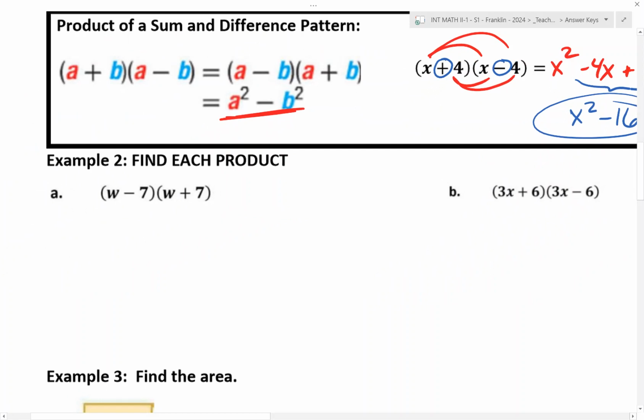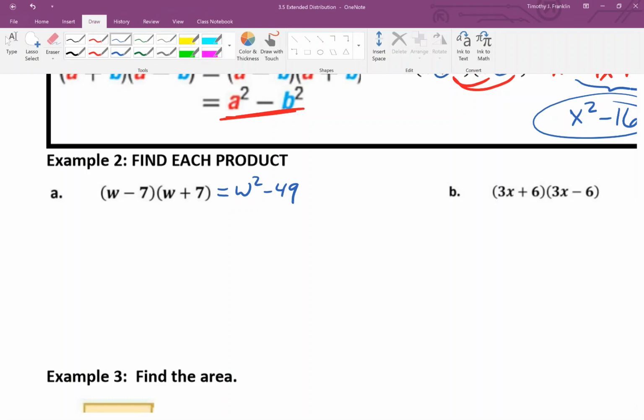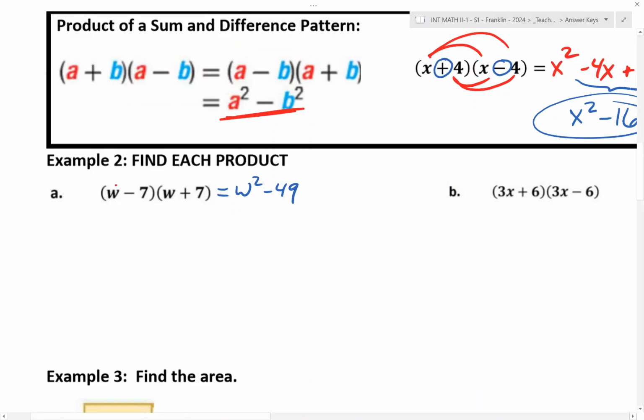So we know, using the pattern, that we'll get w squared minus 49 for this answer. But let's go ahead and do the math and make sure. So w times w, that's w squared. W times 7 is plus 7w.